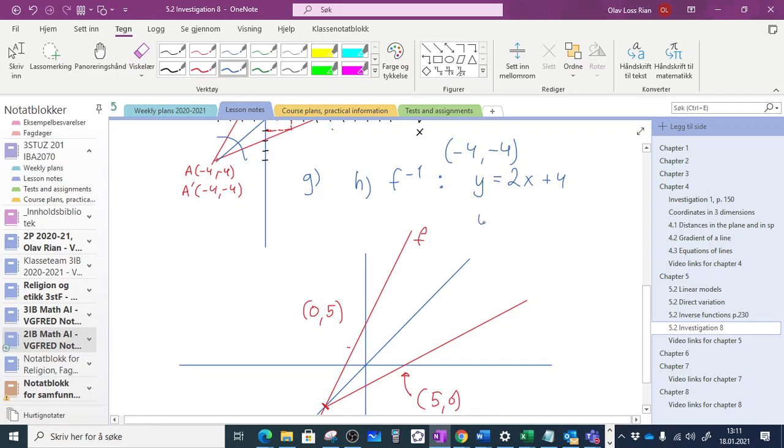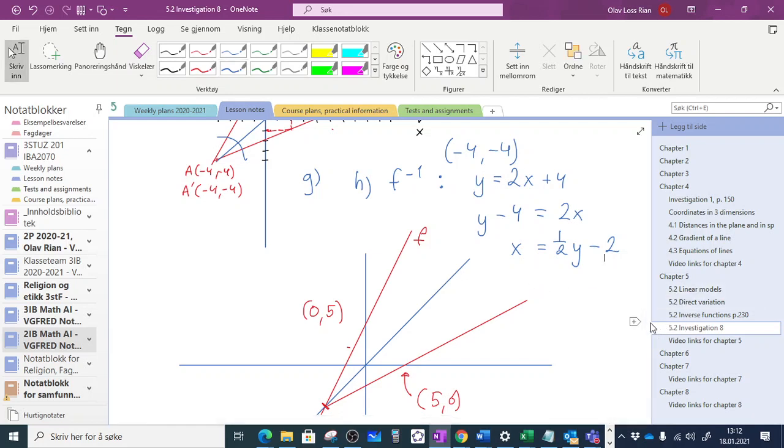Yep. So y minus 4 equals 2x. And that gives us x equals 1/2 y minus 2. Right?